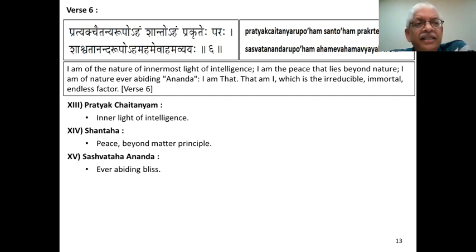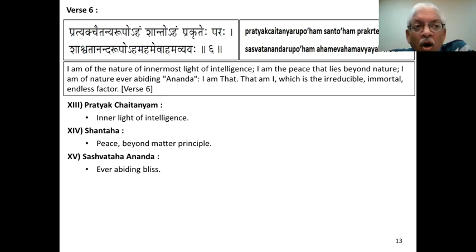But this light is called the spiritual light. It is the intelligence, the knowledge principle, which is what gets reflected in the thoughts. Thoughts are inert by nature. What gets reflected is the spiritual light, which is the awareness principle, which reveals an object in the thought. See, in every thought, there is an object and there is a reflection which reveals it. It is the reflection of Atma, which is the revealing factor.